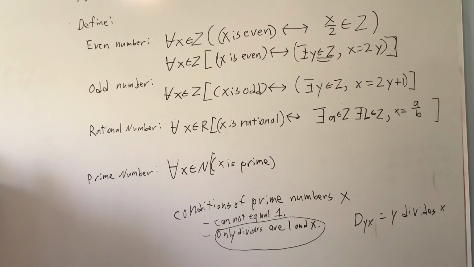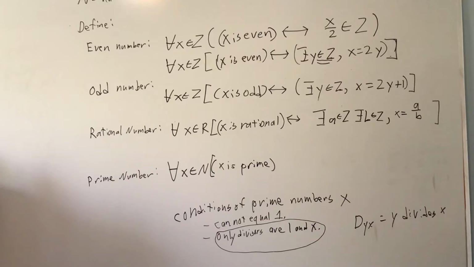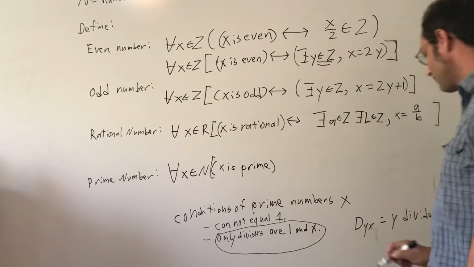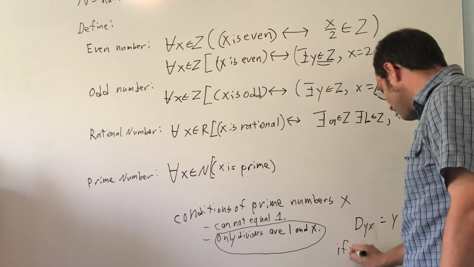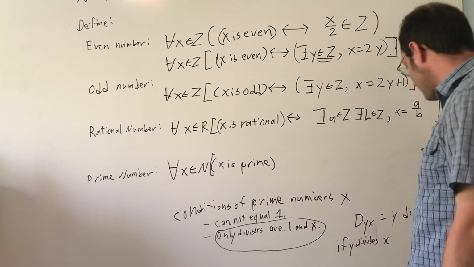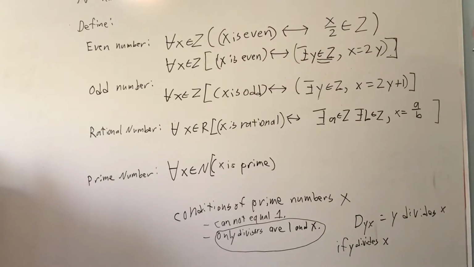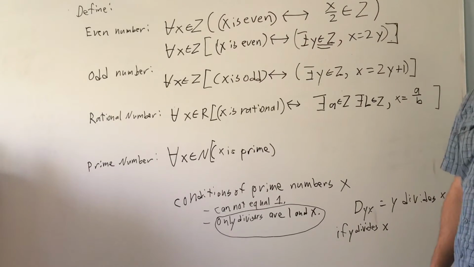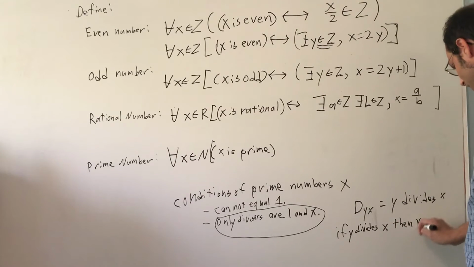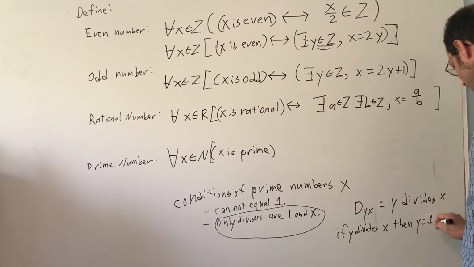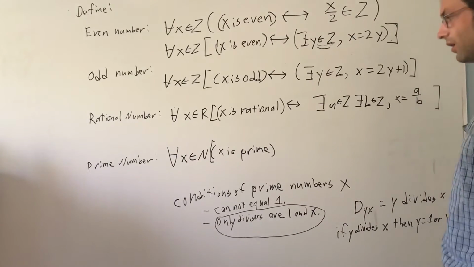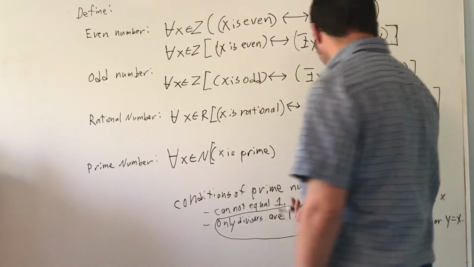Okay, and so we want to say that if y divides x, what would have to be true about y? That y is either 1 or x. Yep. Then y equals 1 or y equals x. All right?